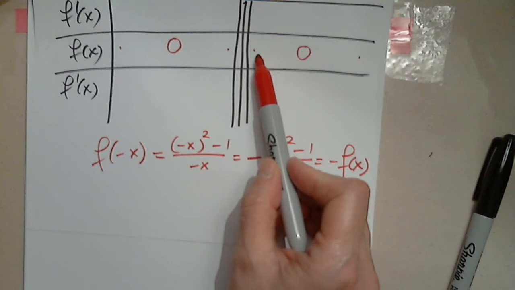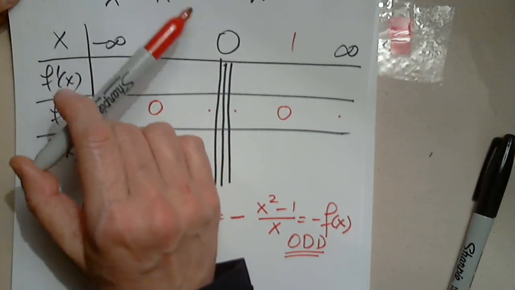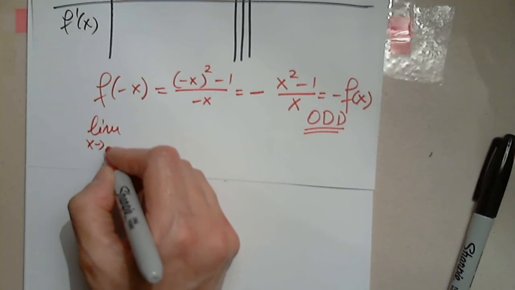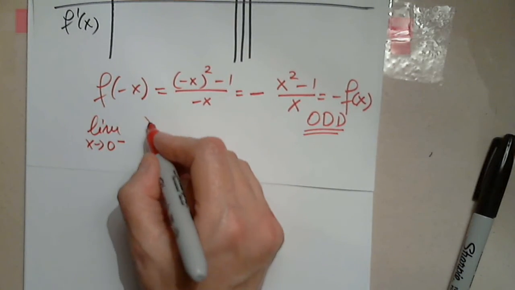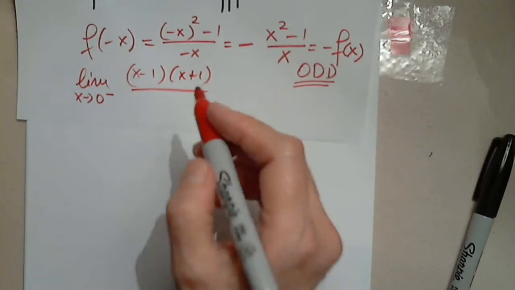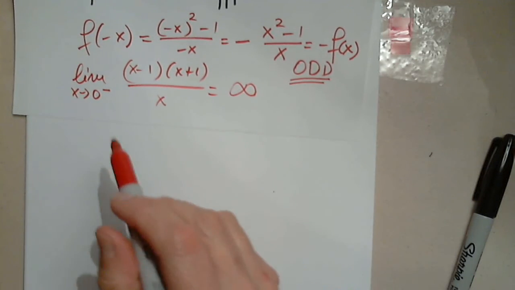So the limit left and right here of this function, so let's find the limit. As x approaches 0 from the left, of x minus 1, x plus 1 divided by x, I know it has to be an infinity.